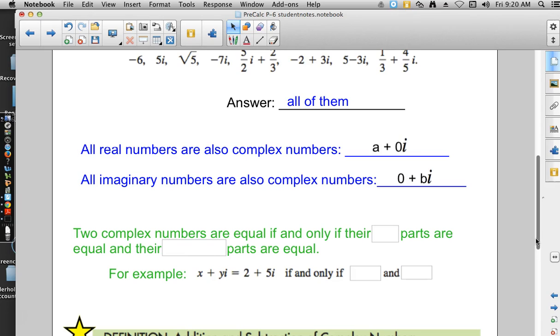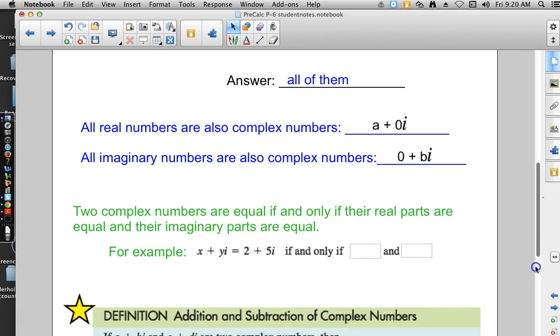But with these, we notice there's a 0 for the real number part, but there's an imaginary part behind it. So 2 complex numbers are equal if and only if their real parts are equal and their imaginary parts are equal. Everything's the same. That just makes sense. When we talk equals, that's what equals means. Everything is the same. 3 plus 2i is the same as 3 plus 2i. For example, x plus yi equals 2 plus 5i.